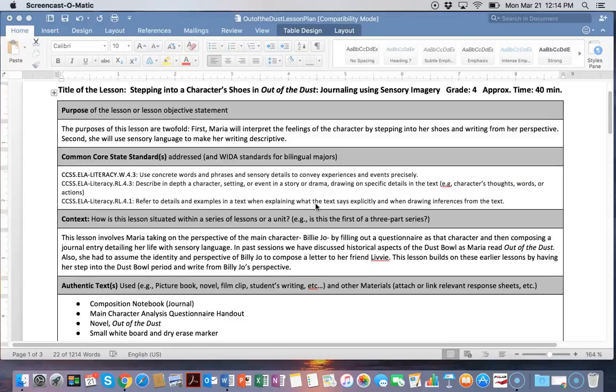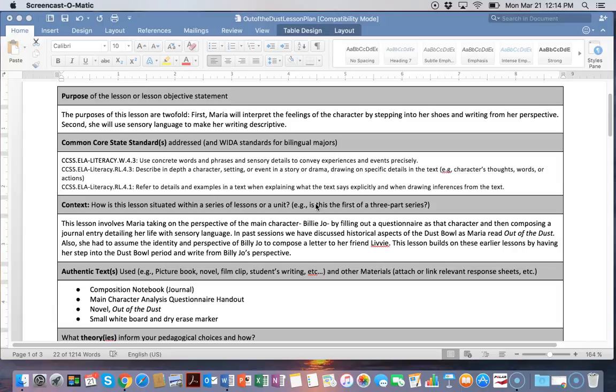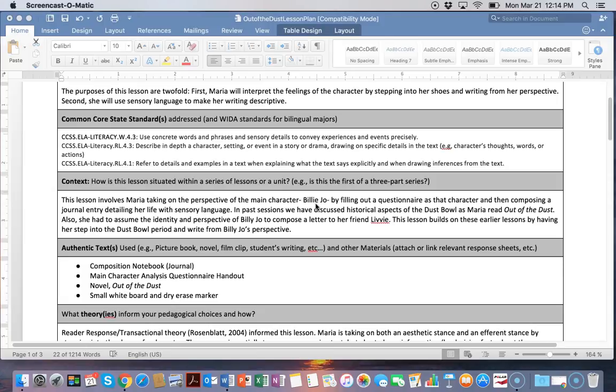Okay, let's delve into stepping into a character's shoes in Out of the Dust, journaling using sensory imagery. This lesson is part of a broader series of lessons that focus on taking the perspective of a main character as well as making her writing more descriptive.